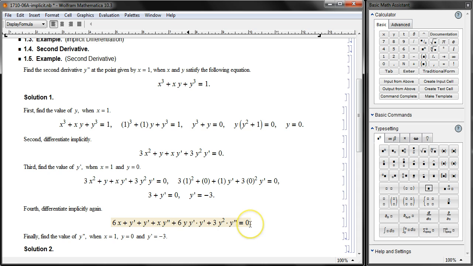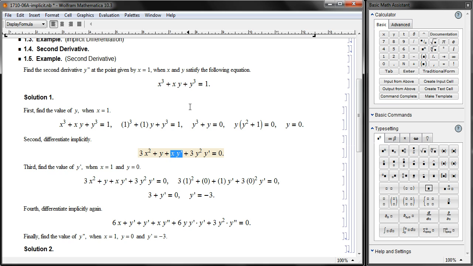Just be careful and follow the same process. Here's the answer. Let's see how that works. 3x squared becoming 6x. Good? Good. Y, if you take the derivative by y, that's 1, but y prime popped out, so we have y prime. Good? Now, product rule, x times y prime.